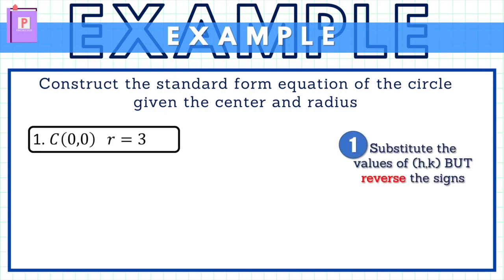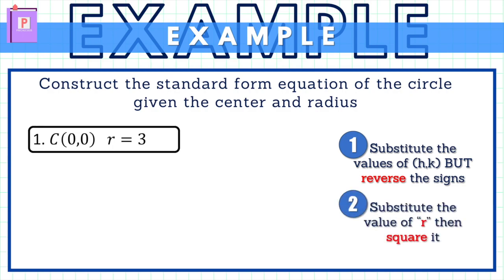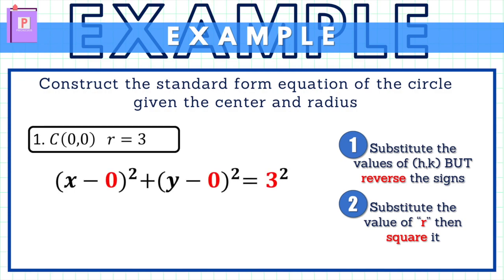Keep in mind that we substitute h, k, but of course in reverse sign, and we substitute the square of the r. So in this case, we substitute 0, 0. So we have the quantity of x minus 0 squared plus the quantity of y minus 0 squared is equal to 3 squared.